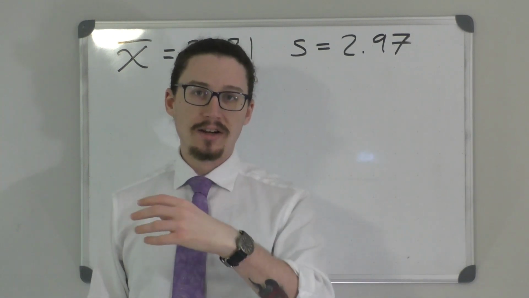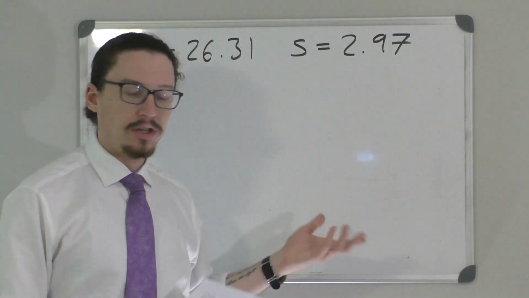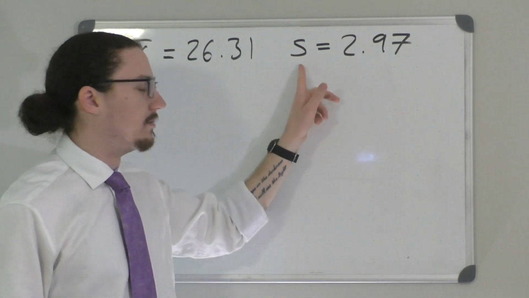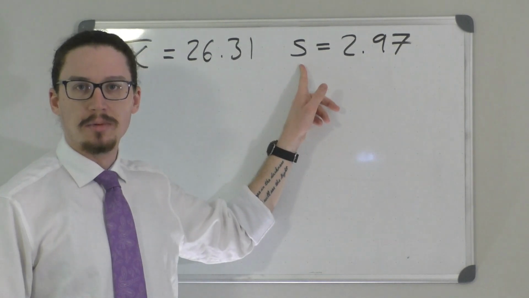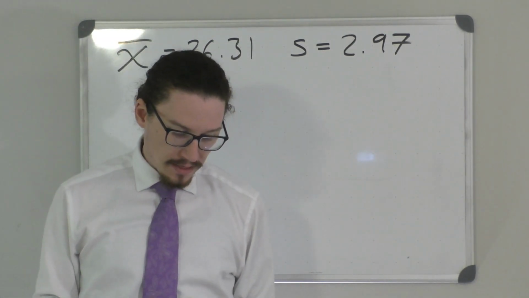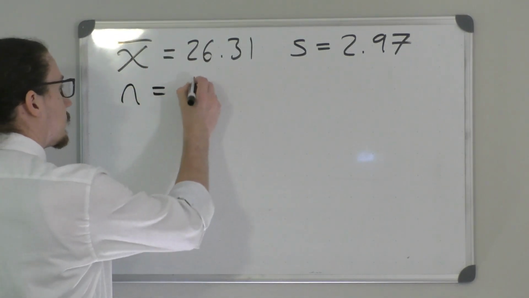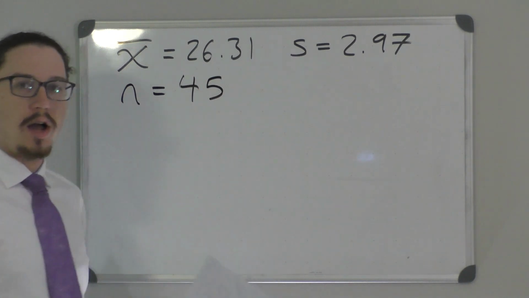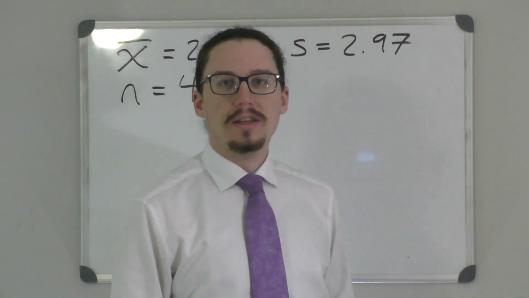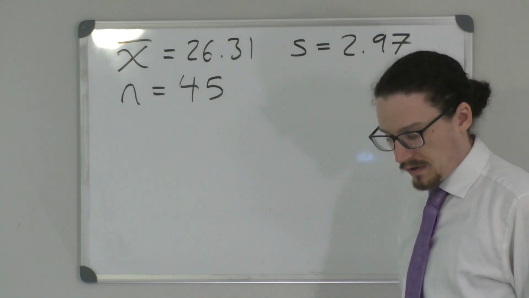That's not going to be the case later on, as we're going to see, but for now, as long as n is greater than 30, we can use the z distribution as long as that's true, right? And we can substitute s for sigma. All right, and then it's based on a sample size of 45. So our sample size is greater than 30, so we're in the clear to use the sample standard deviation versus the population standard deviation.